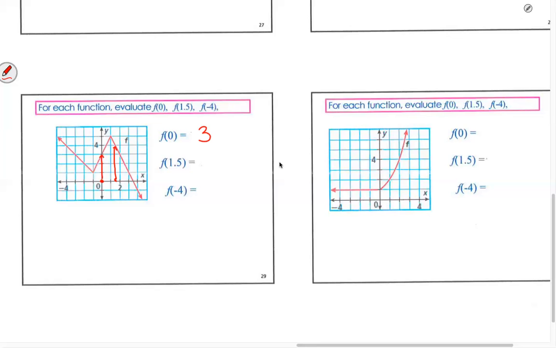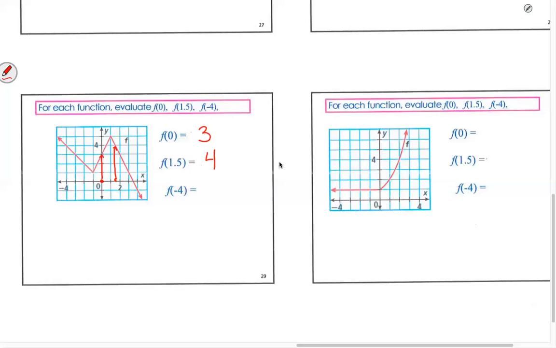Cool. You see that? Okay, so we're going to be putting this point on my graph. So at 0, you point there, and you trace it up until where it touches my line. All right, so for f of 1.5, we're going to get 4.